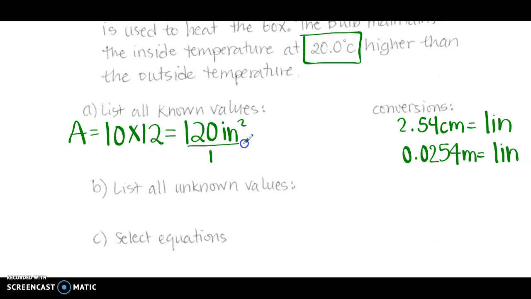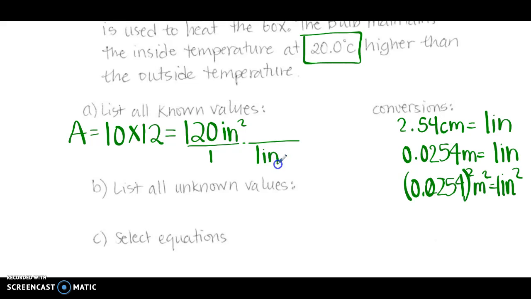So let's take this 120 inches squared, and if you square 1, you'll still have 1 here. 1 square inch is equivalent to 0.0254 meters squared. So we need to take the 1 square inch, put it in the denominator, so those will cross out, and the 0.0254 squared meters squared.